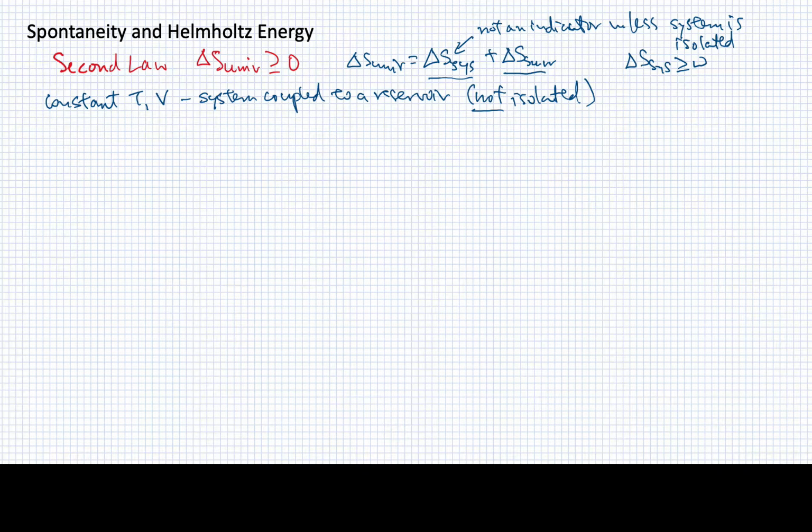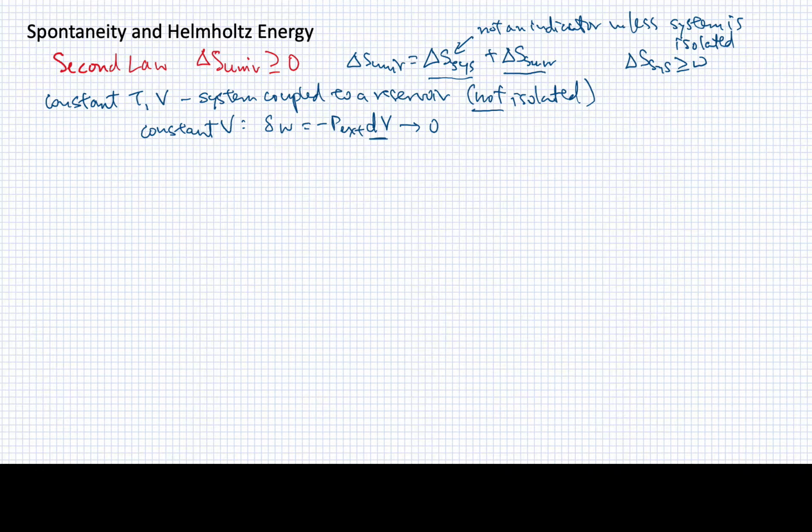Now, I should also note that if I have constant volume, and this is a condition that we've encountered before, it tells us that the incremental change in mechanical work, which I'll write as negative p external dV, must go to zero because dV is vanishing. There is no change in the volume.